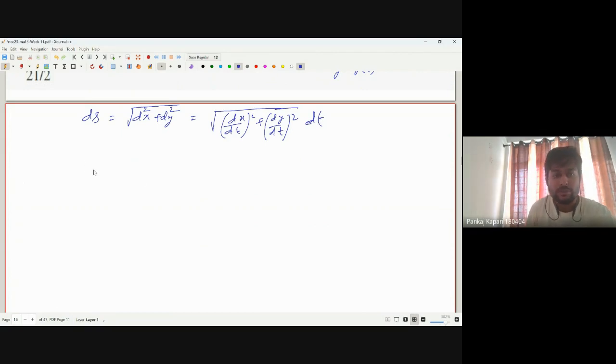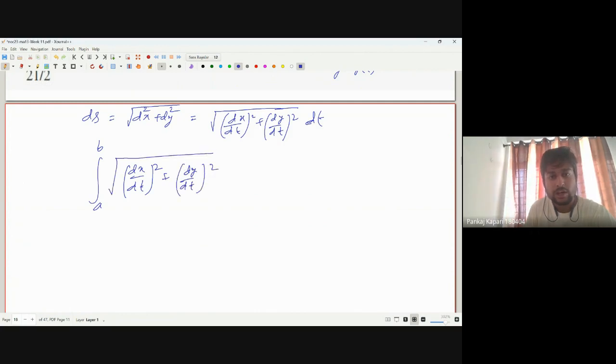That means you have to integrate for values of t ranging from a to b, the square root of dx by dt whole square plus dy by dt whole square. So this integral will give you the length of the curve.